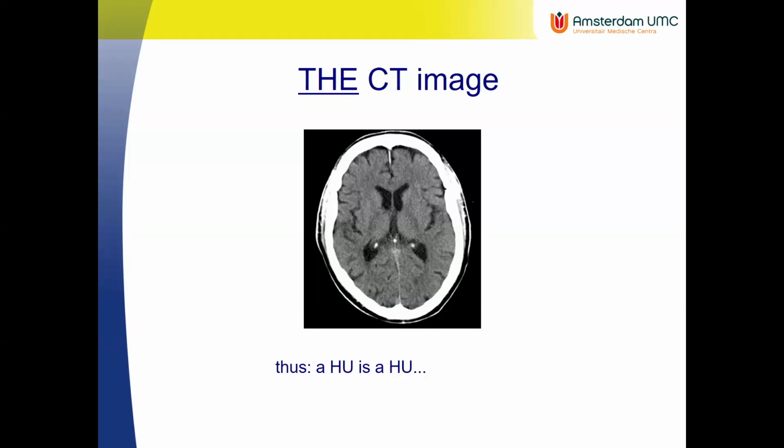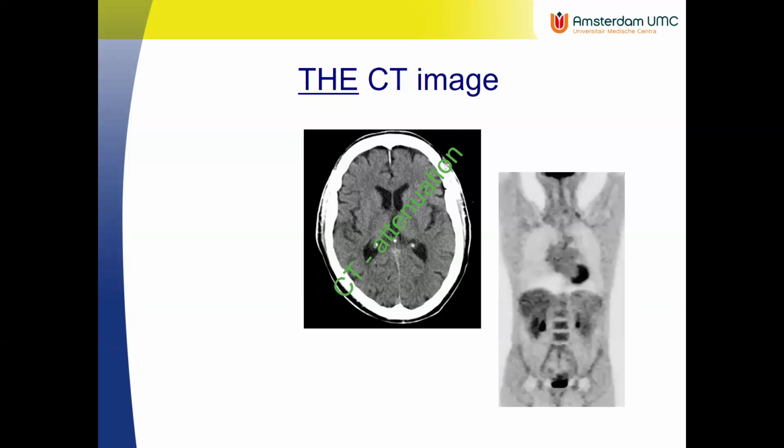Yeah, so it's basically the photons of the X-ray. So you have the absorption, and you could also say the image represents the attenuation of the X-ray, and it's always like that. So the brain always has the same kind of contrast.